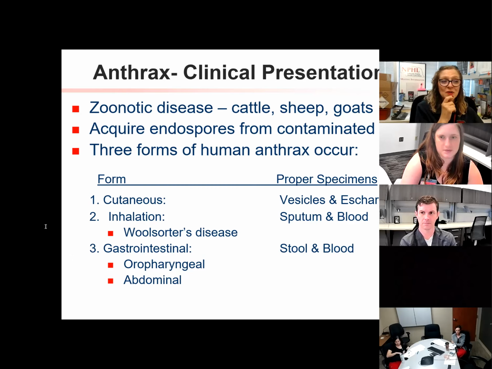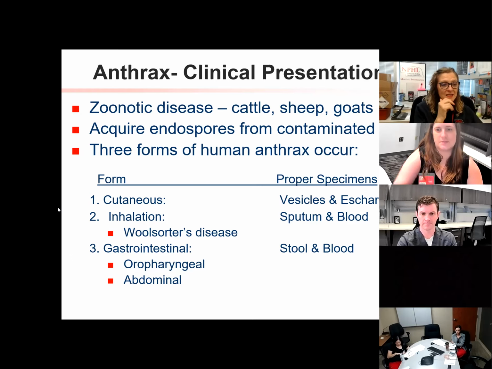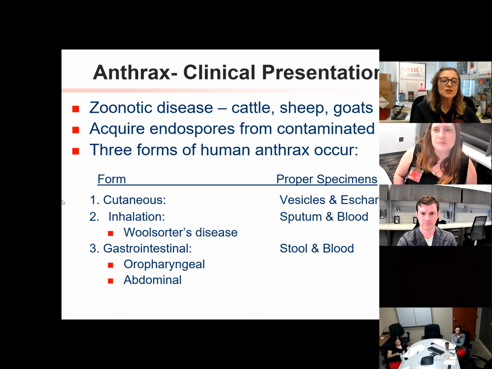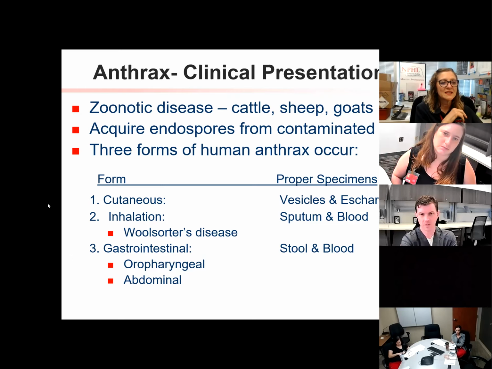Tony, I'm looking at the chat. He has a chat comment here that CDC still considers an open plate to be an exposure. Granted, yes. And then Marissa says that the pathologists are really good about sending it for PCR before they even suspect the anthrax.